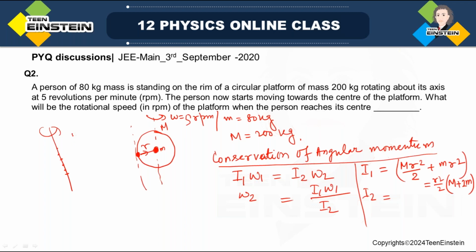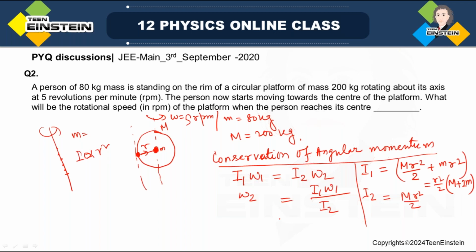Also we know moment of inertia is going to be proportional to r square, and since it is sitting on the axis, the moment of inertia due to the small mass will be 0. So the moment of inertia of the whole system when the man reaches the center will be M r square by 2 alone.